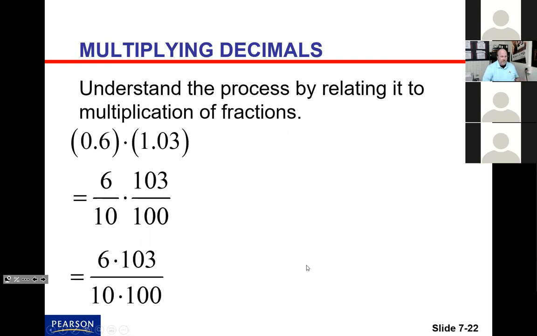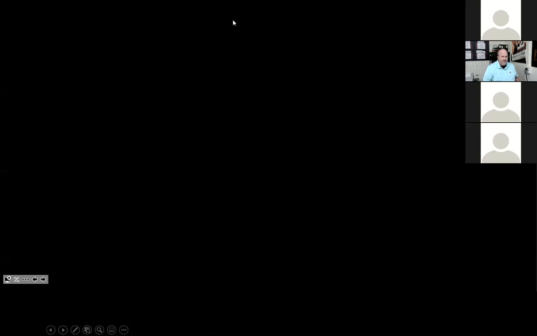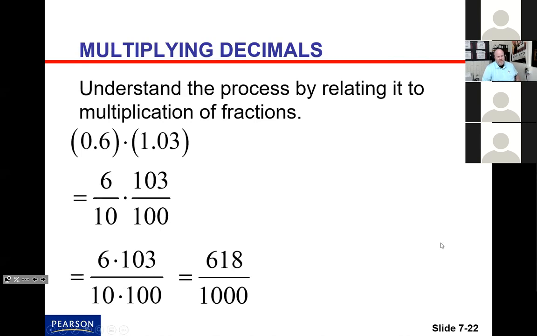Sorry, hang on, I just screwed up my screen here. You'd end up with 618 over 1,000, and then move the decimal back. Now, that to me seems like way more work. You really need a good understanding of how to convert stuff back and forth, but to me that seems like a lot of work.